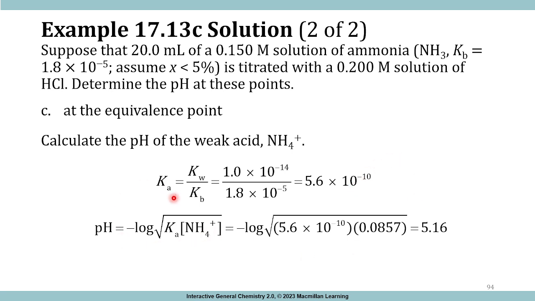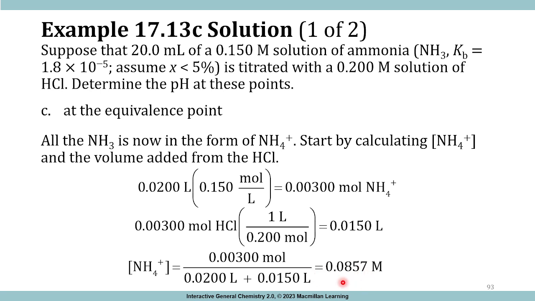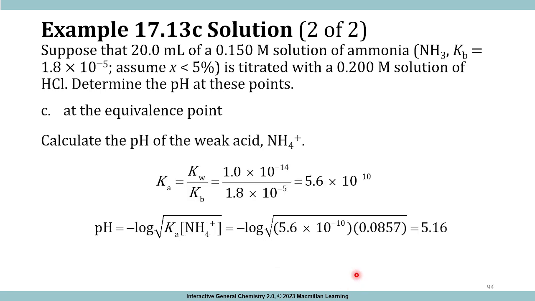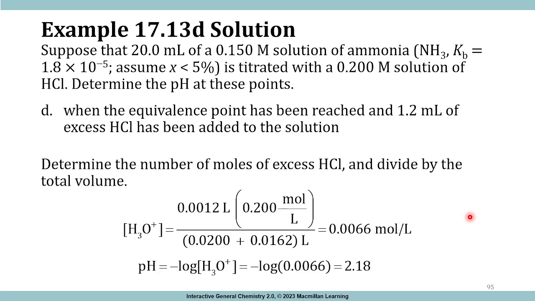And so what we're going to do now is we'll use that quick and easy formula, negative log of the square root of your Ka times that initial concentration we just figured out right here. Okay? And then that's going to give us a pH of 5.16. Does that number make sense? Yeah, it's just a bit below 7, isn't it? Yeah, so that number makes a lot of sense for the titration of a weak base.